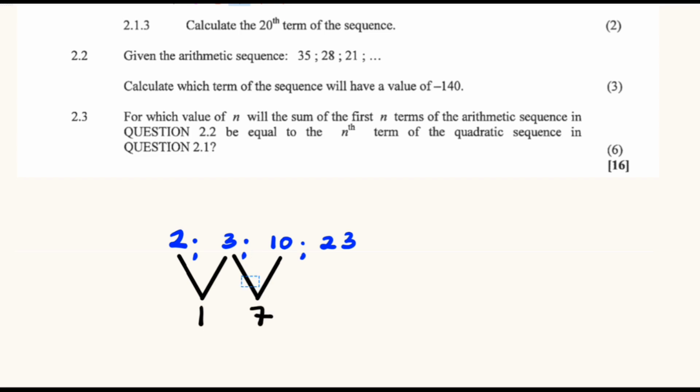And we also have 23 minus 10, which is equal to 13. We have to determine term number 5. And for now, term number 5 minus term number 4 will be denoted by the letter x.